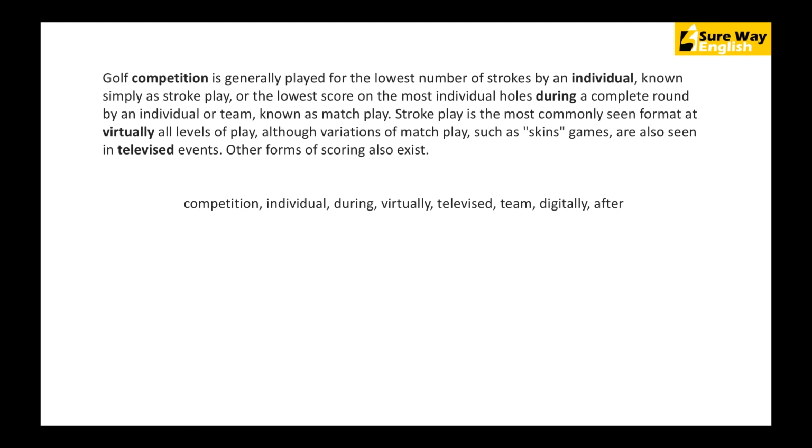So you have golf competitions, and then competitions are played for something, which in this case is for the lowest number of strokes by an something. Now it's "an", so that means the word after it has to begin with a vowel, A, E, I, O, U. So it has to be something which can make strokes or which can play strokes.